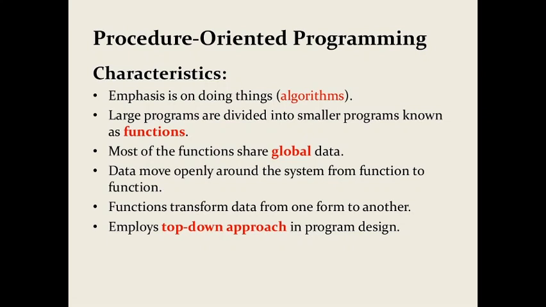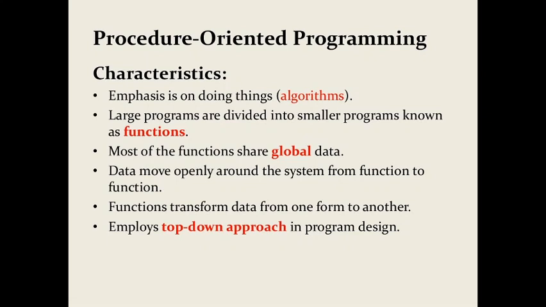Lastly, the procedure oriented programming language employs the top down approach. You must have observed that whenever we write a C program, at the beginning we declare the header file and then write the main function. The compiler starts compiling the program from the main function.